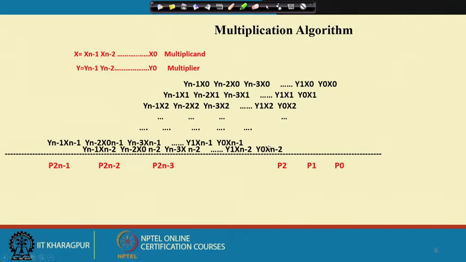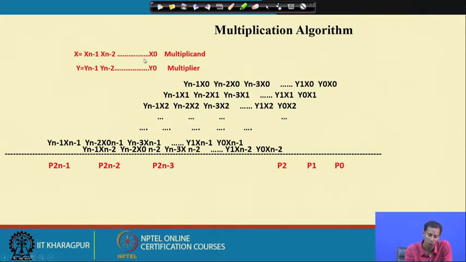Then in the next row, x1, the next bit, will be multiplied with y. But as I said in the beginning, these numbers are weighted. Here the weight is not 2 to the power 0, it is 2 to the power 1. Whenever I consider the x1 bit, in binary I have already considered the weight of 2, so there is a 1 bit shift over here.